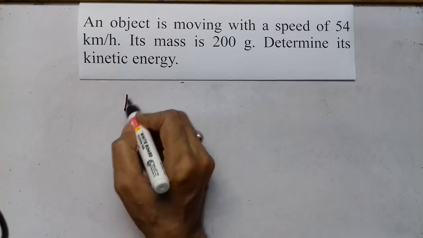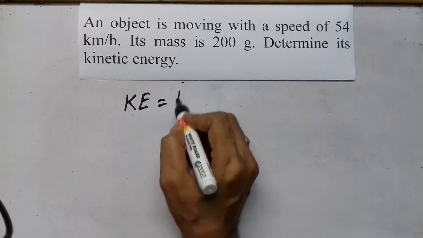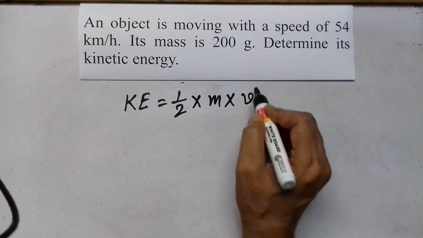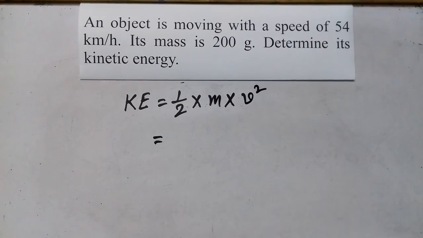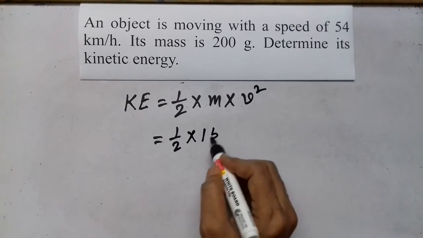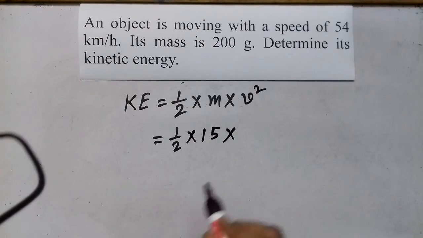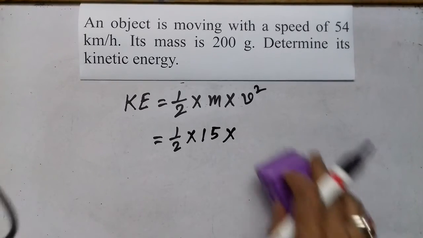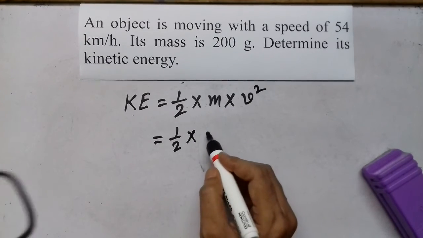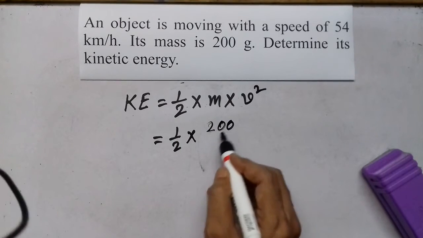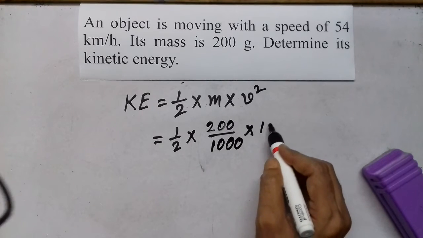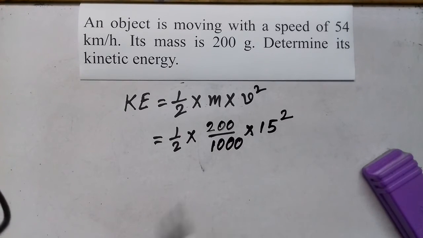Now apply this formula. Kinetic energy is equal to half into mass into square of speed, or velocity square. Now put the values. M was 200 by 1000 and V was 15 meter per second, square.